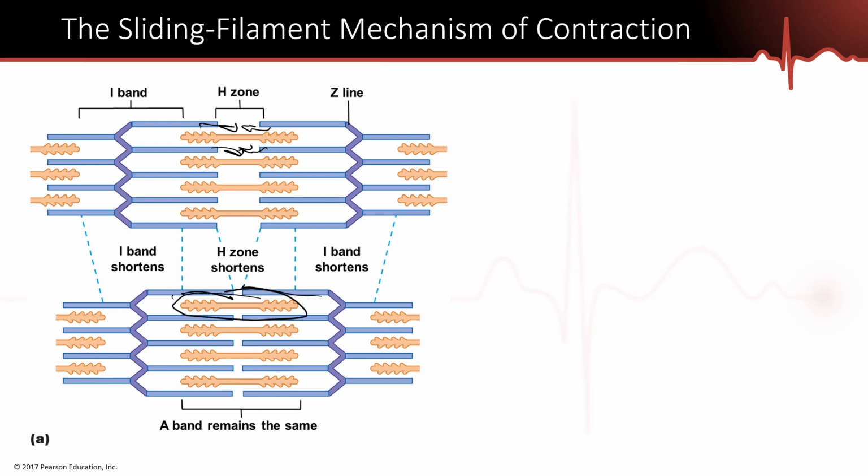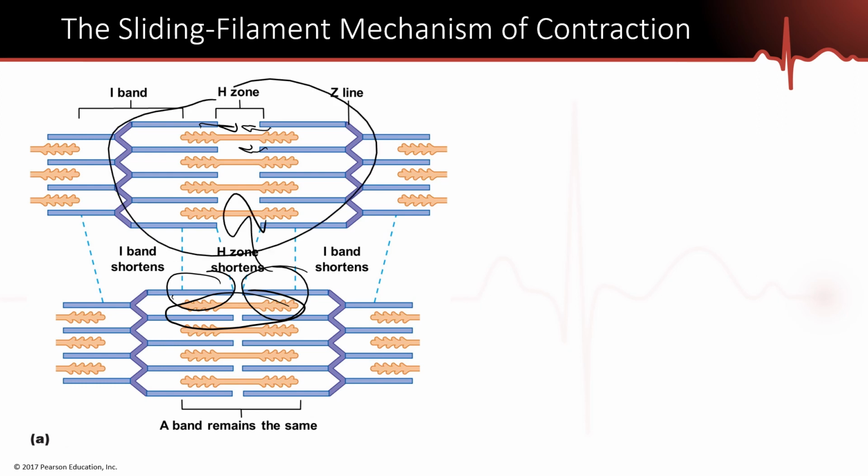You can see that from this top image to the bottom image: the myosin and actin filaments are overlapping much more than they are on the top image. And what we say about this ultimately is if the myosin and actin filaments are overlapping more, then, of course, the sarcomeres have shortened.